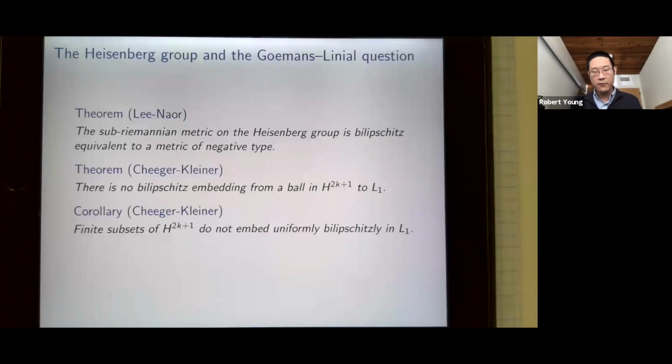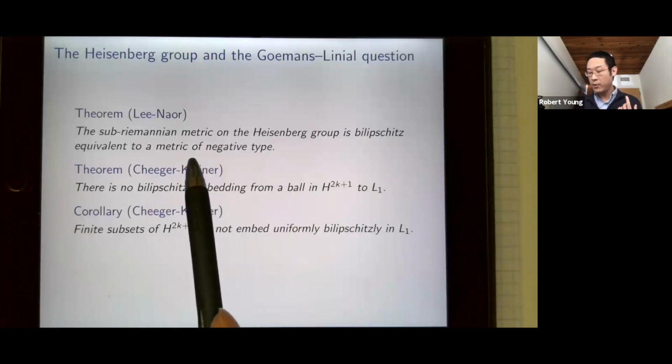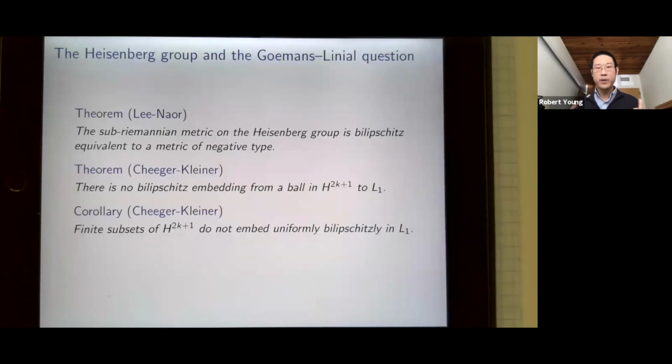Because if you could embed any finite subset uniformly in L1, you could take denser and denser subsets of the unit ball, take embeddings of those subsets in L1, and they would converge to a bi-Lipschitz embedding of the unit ball, which by Cheeger and Kleiner does not exist. So the connection between the Heisenberg group and Goemans-Linial is that this is an example of a negative type metric that embeds particularly poorly in L1.